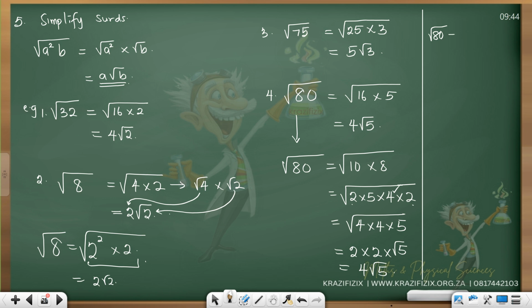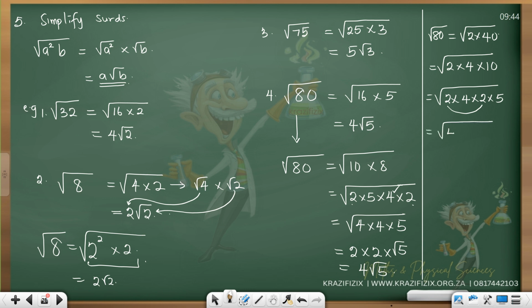Root 80. What you can think of is 2 times 40. Break 40 down. What can you think? 4 times 10. Break it down further. 2 times 4 times 2 times 5. What is 2 times 2? 4.